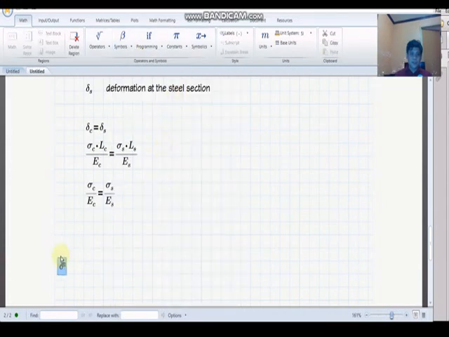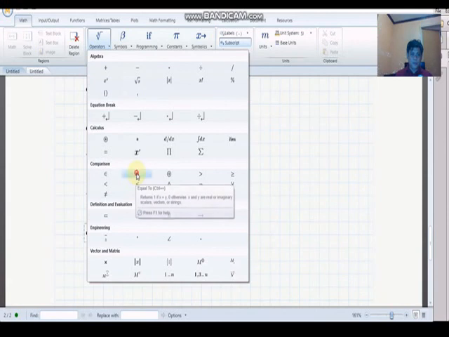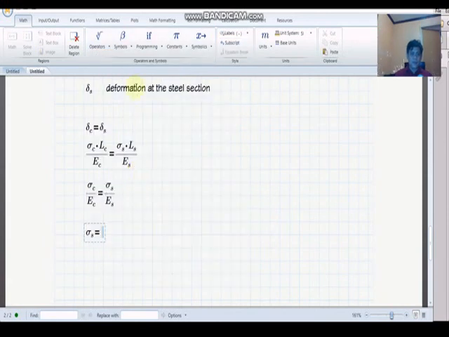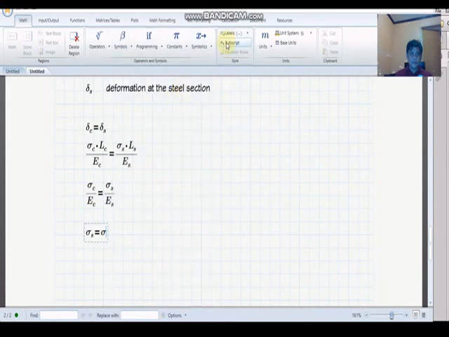So the stress of the steel would be equal to the stress of the concrete times the modulus of elasticity for steel divided by the modulus of elasticity for concrete.